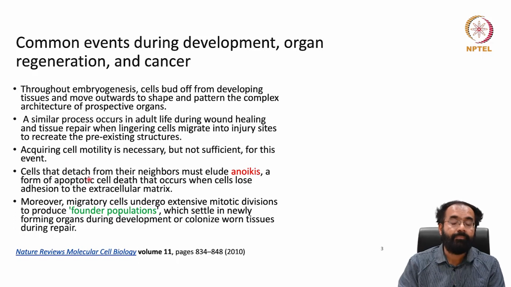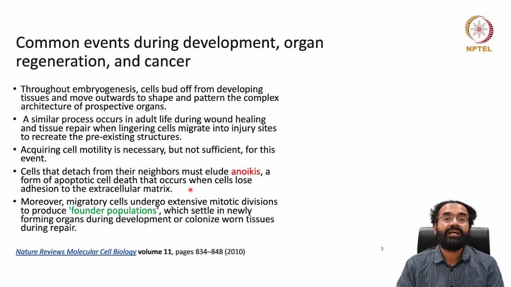Cells that detach from their neighbors must elude a process called anoikis, which is a form of apoptotic cell death that occurs when cells lose their adhesion to the extracellular matrix.